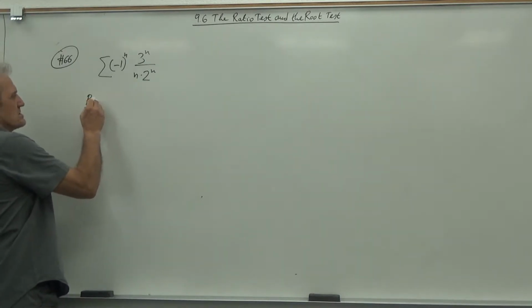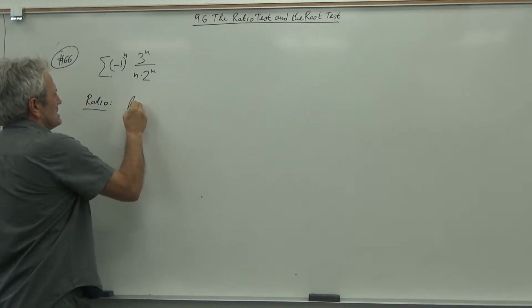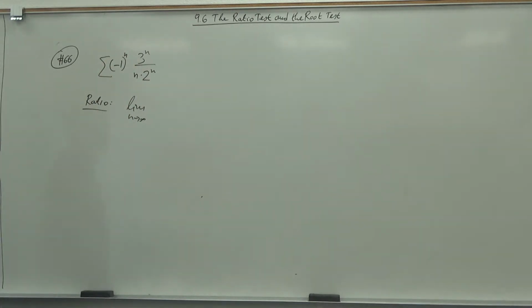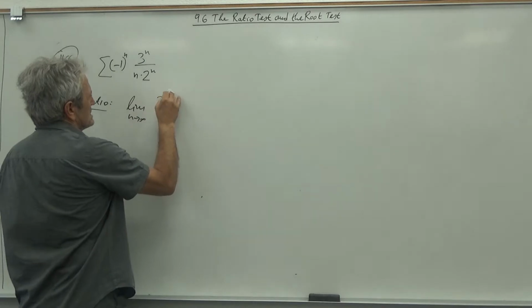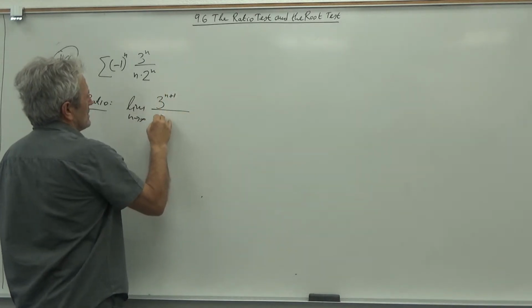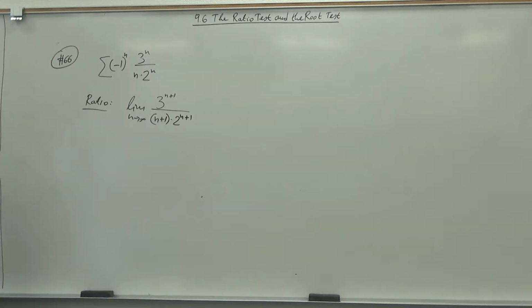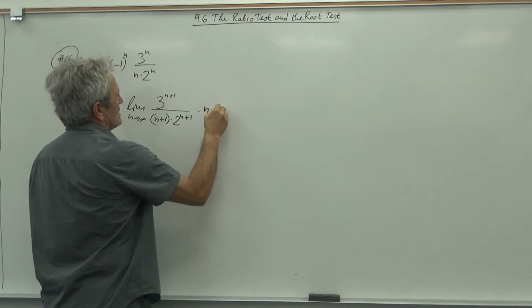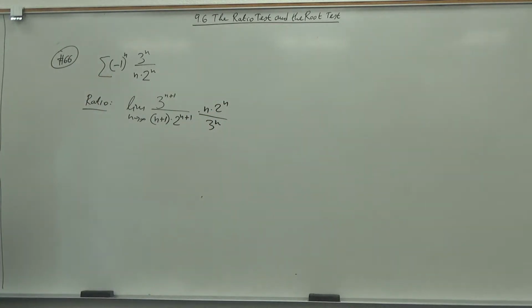I'll do the ratio test here. There's nothing bad here. So in the ratio test, we'll do the limit as n goes to infinity. Forget the minus 1 to the n because the absolute value will absorb it. So we have 3 to the n plus 1 over n plus 1 times 2 to the n plus 1. Here we take the reciprocal of the n-th term. And then we'll do the algebra carefully.